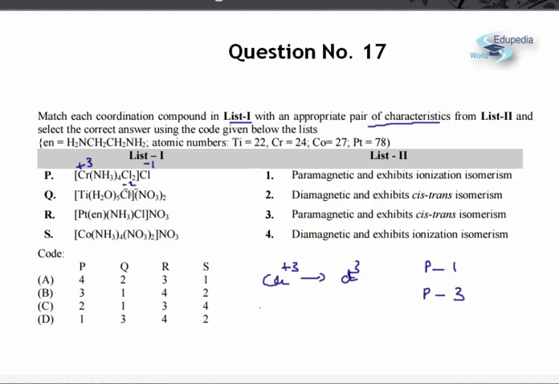Since it is an octahedral complex, it can definitely show cis-trans isomerism. Suppose M is at the center and there are two chlorine groups: those two chlorines can be trans, that is on opposite positions with 4 ammonia groups in the plane, or the two chlorines can be cis with respect to one another like this. These are the two possibilities it can show.